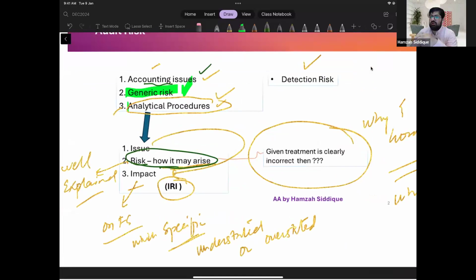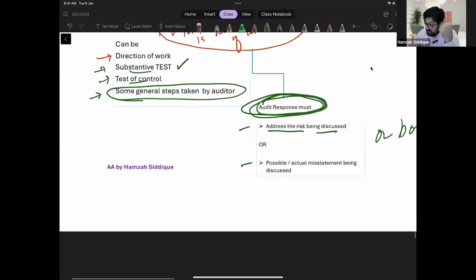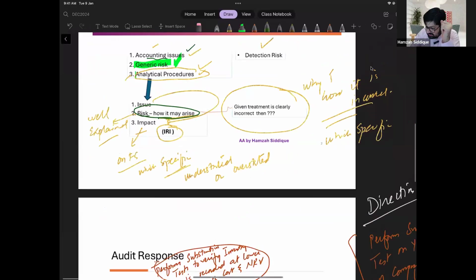Inventory may not arrive and may be recorded. Wrong cutoff may be applied. So your response must address the risk being discussed, or the possible or actual misstatement impact. Your response must address either the risk or the impact. Remember that.